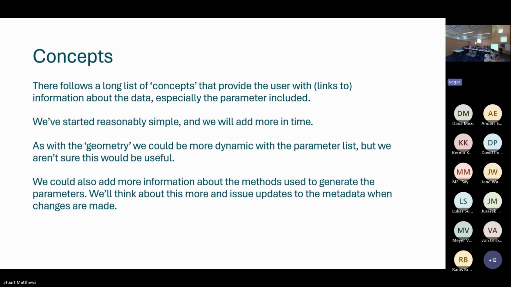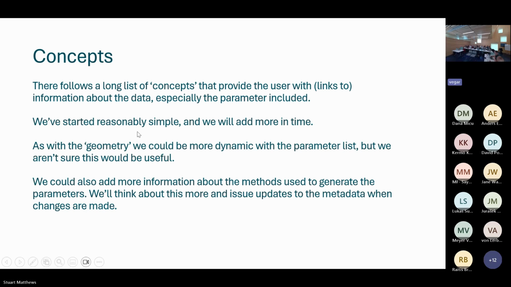Again, we've started reasonably simple, and we can add more information over time. And as with the geometry, we could be more dynamic. We could say this data set at this moment in time has these parameters at this temporal resolution, or the methods used to generate those observations. But we'll consider that. To start with, we're going to start pretty simple.